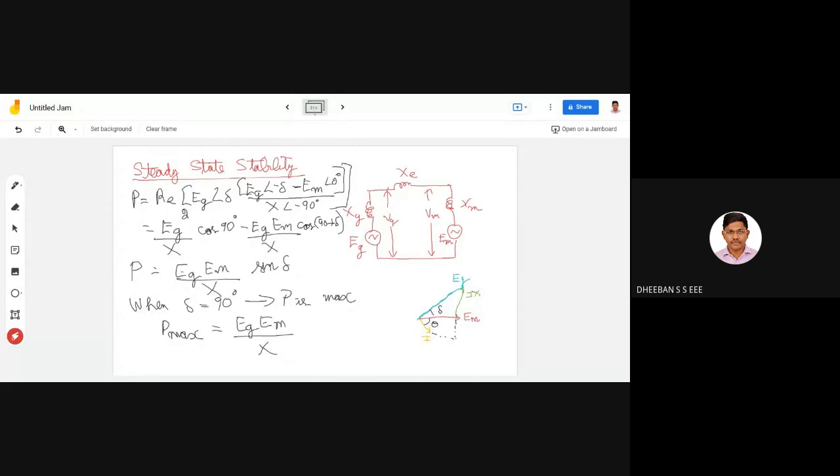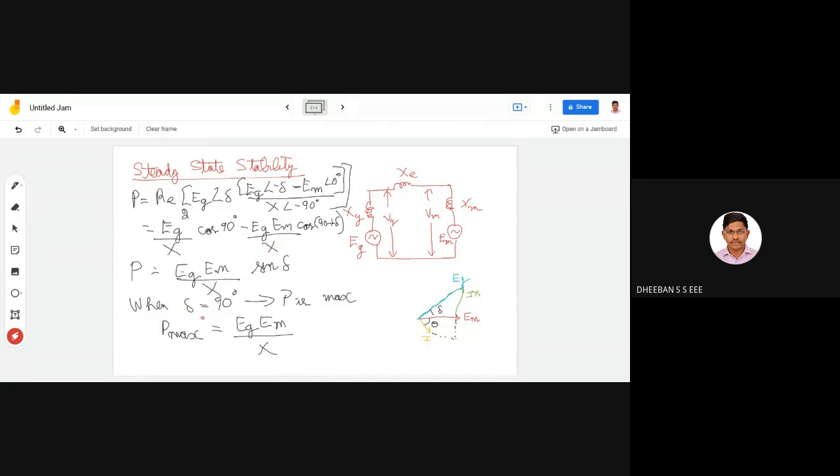And from this equation, you have to get the maximum power. How can you get the maximum power? The simple technique is to see the variable. Here, these remain constant, so the variable is the rotor angle delta. Sine delta will be maximum only when the angle is 90 degrees, when sine delta becomes 1.